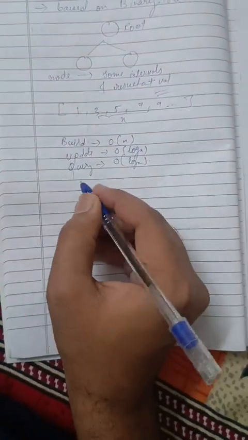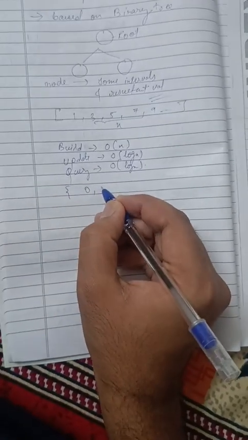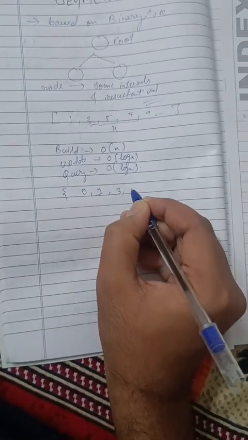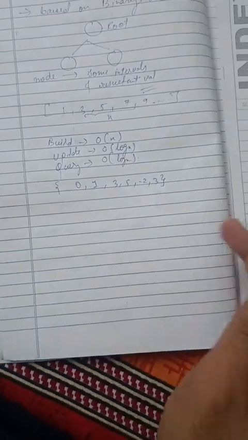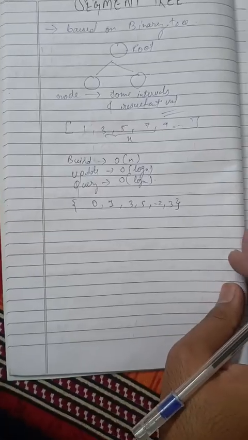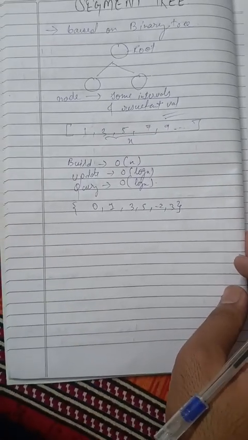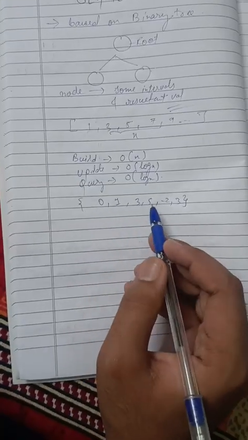So let me take an array. Let's say there is an array of 0 1 3 5 minus 2 and 3. In this segment tree, what we do is, let's say there are 6 elements, 1 2 3 4 5 6.